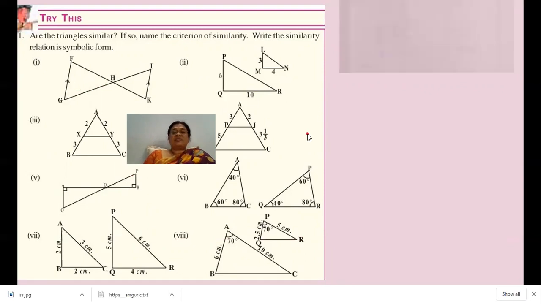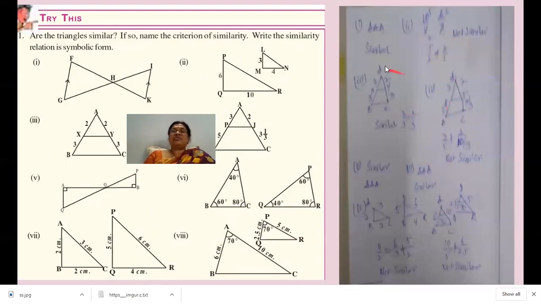See here, I have shown some problems. In this diagram, the first one, you can say they are similar. These two are vertically opposite angles. Naturally, these two are alternate interior angles. So by angle criterion, you can say these two triangles are similar. And here, this one is not similar.